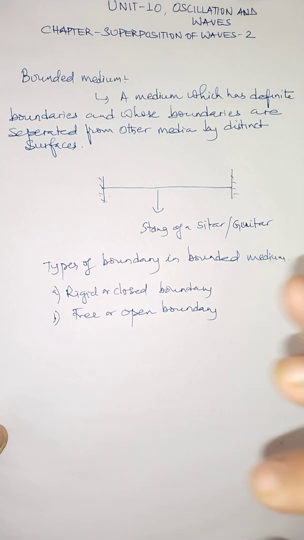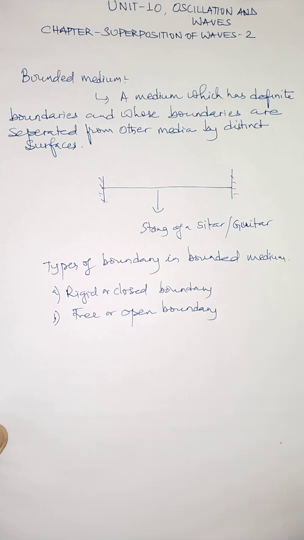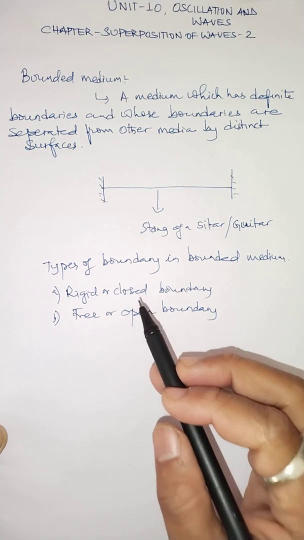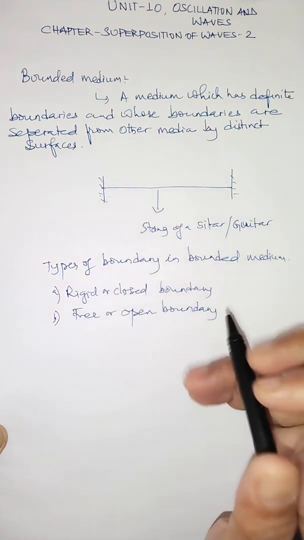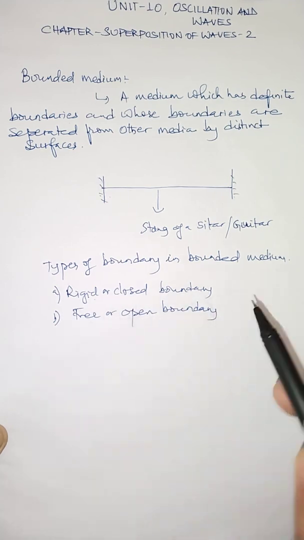That's why such a medium, where there are boundaries and which vibrates with definite frequencies, is called a bounded medium, as I said. A bounded medium is comprised of boundaries, and boundaries are basically of two types: one is rigid or closed boundary, and the other is free or open boundary.